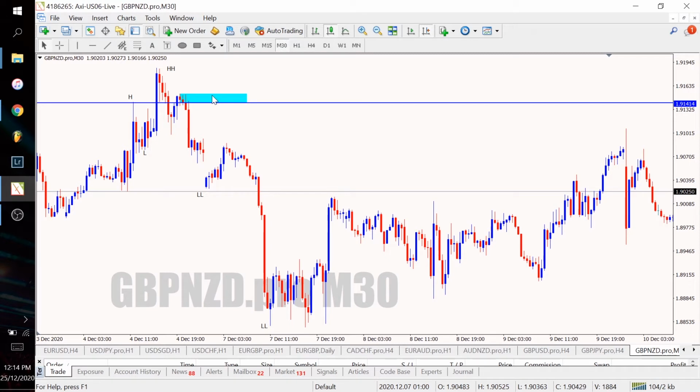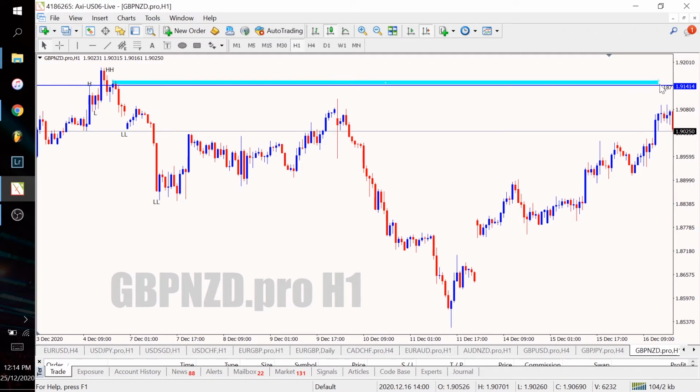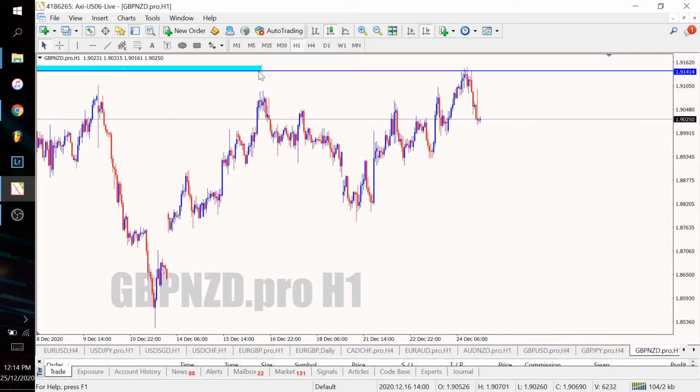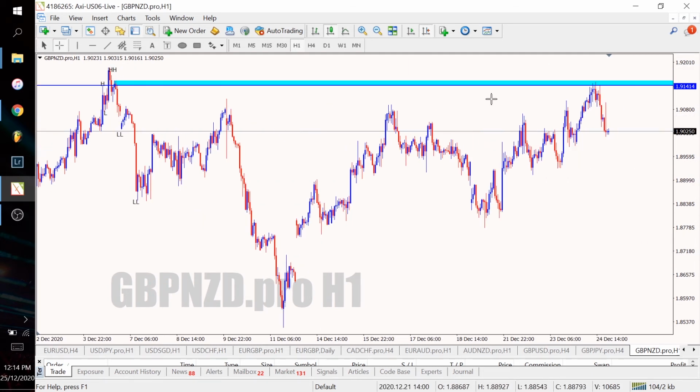So this is exactly it. So let's go up to H1 and let's stretch our zone across. And we hit our zone and we dropped quite a fair bit. So we had our trick being played in the past. We had the Quasimodo and we had the maximum pain level, MPL.